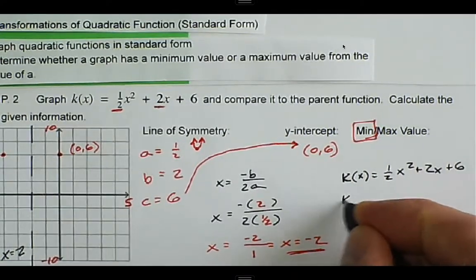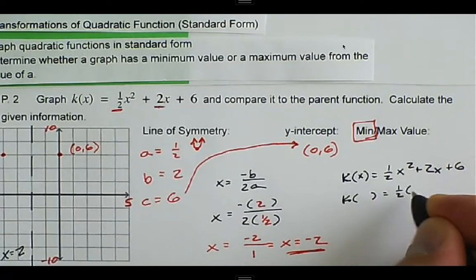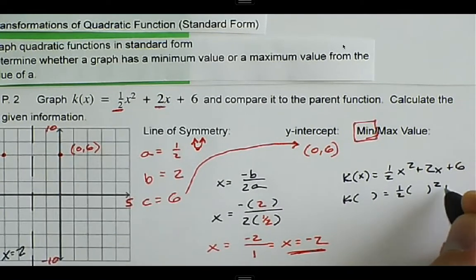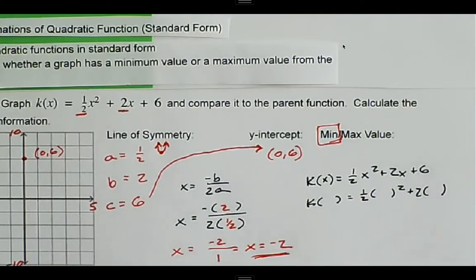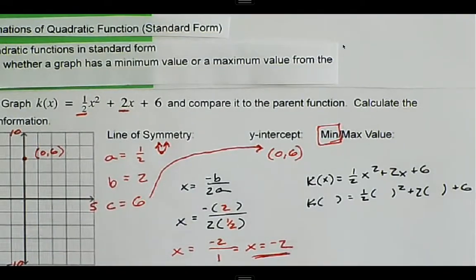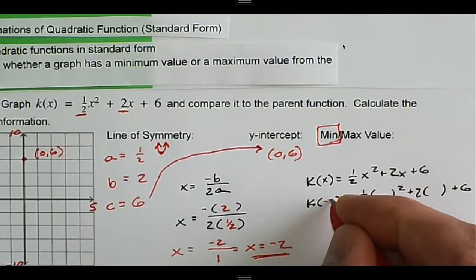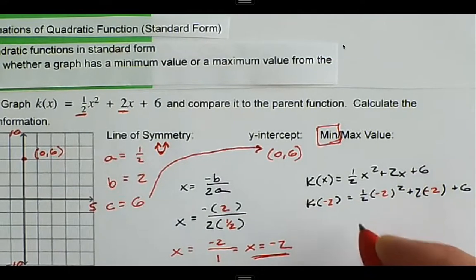So k evaluated at -2 is 1/2 times x squared plus 2x plus 6, and we can substitute in the -2. And we'll just work our math from here.